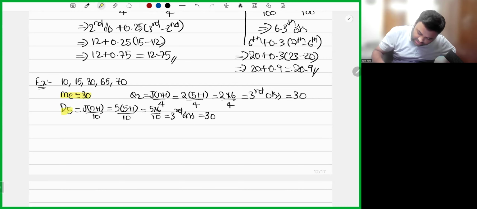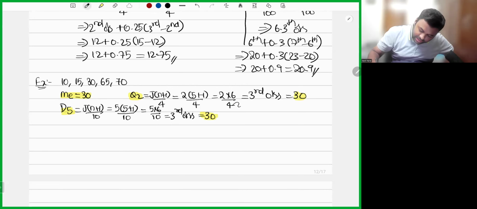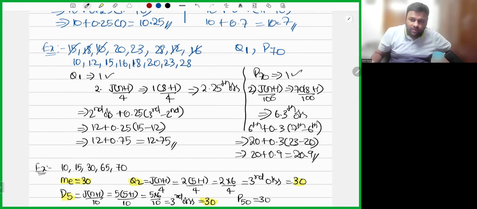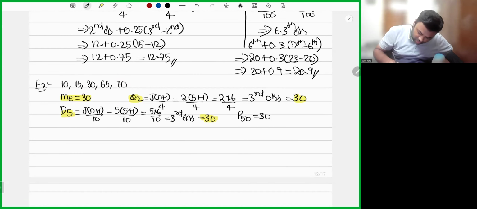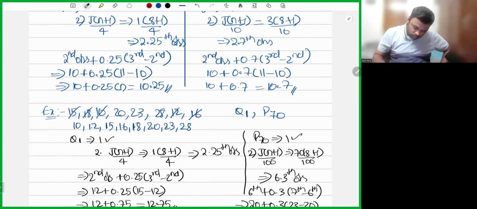Median, decile 5, and quartile 2, all three are 30 itself. Even if you calculate percentile 50, you will get the answer as 30 itself. That is the reason I said median is equal to second quartile is equal to fifth decile is equal to percentile 50. Okay. I hope this relationship is clear.